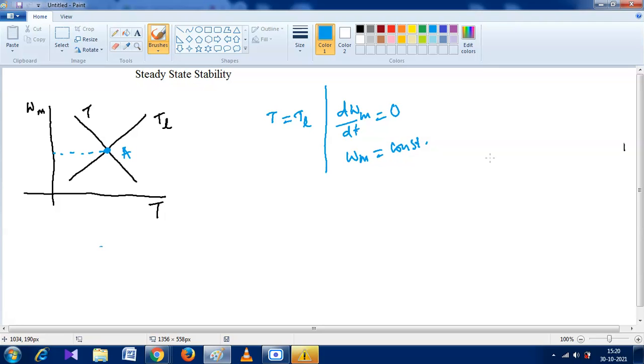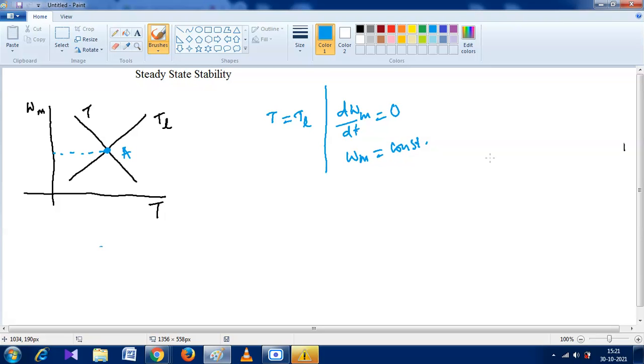When we get the condition T is equal to TL, that is called the equilibrium point. That means the motor load system will run at that speed. Now we have to check whether this equilibrium point is stable or unstable.